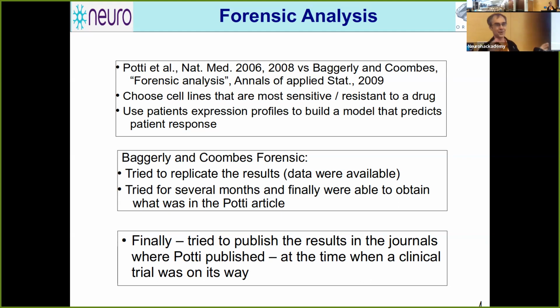Nature Neuroscience or Nature Medicine, all of them said, no, that's not the kind of thing we publish, or whatever the editorial response was. It was always a no, despite the fact that this was happening at the time when there was a clinical trial on actual patients with those results.